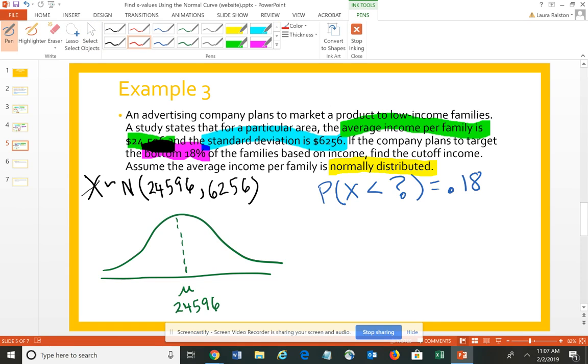If you think about how this reads, we read left to right, so we're basically reading bottom to top. We're going to exclude the bottom 18%, which in decimal form is 0.18. So I'm looking for this income amount right here. Okay, so I'm going out to the website.